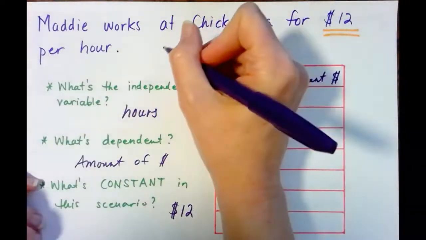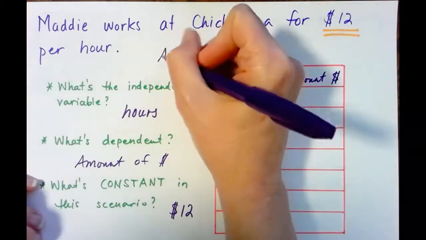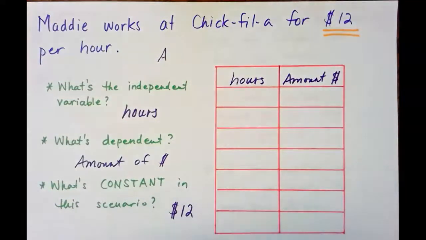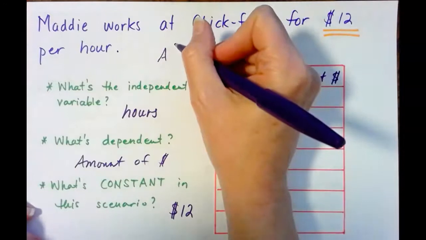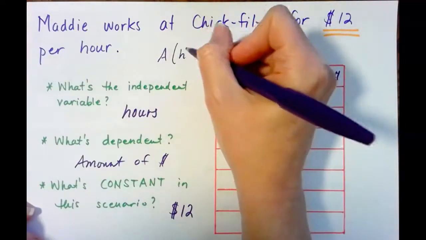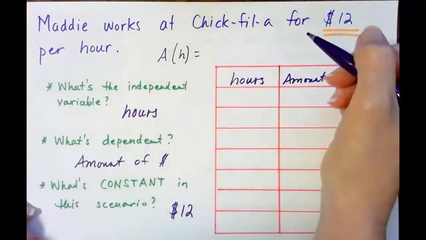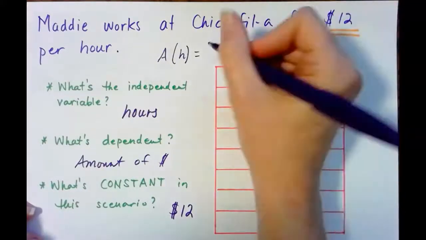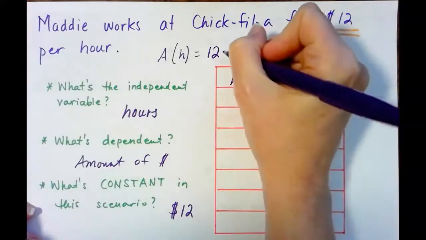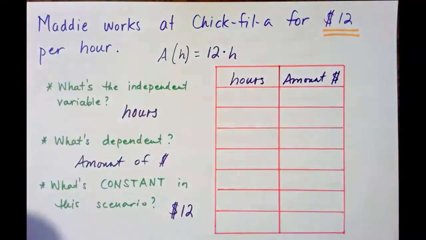The amount of money, we'll call it A, and we're going to think of this as a function because it is a function. The amount of money she gets paid will be in terms of the hours that she works. So A of H equals 12 times the number of hours.